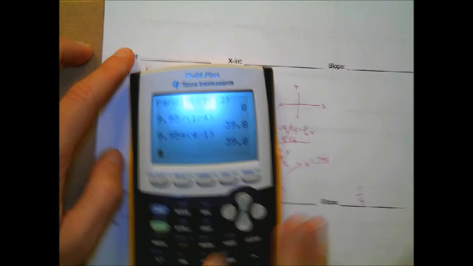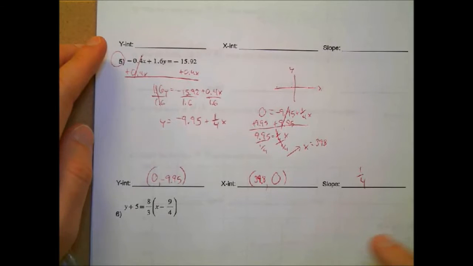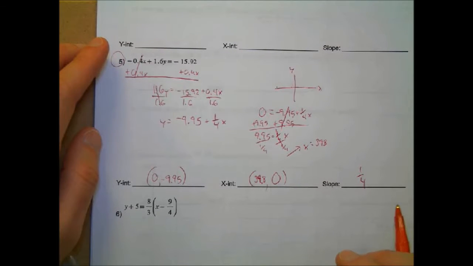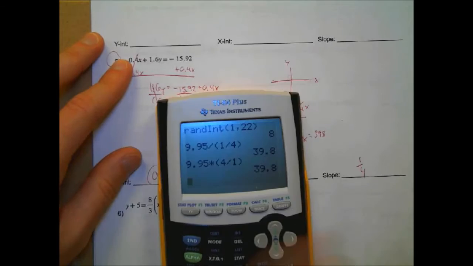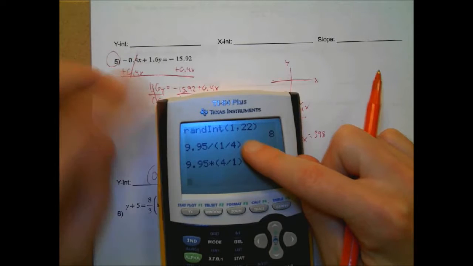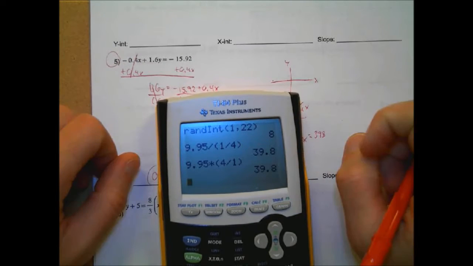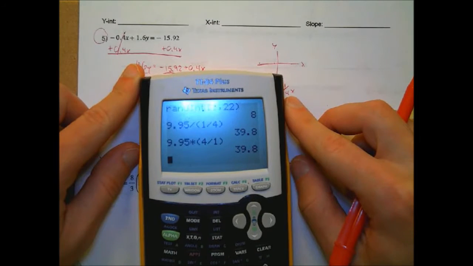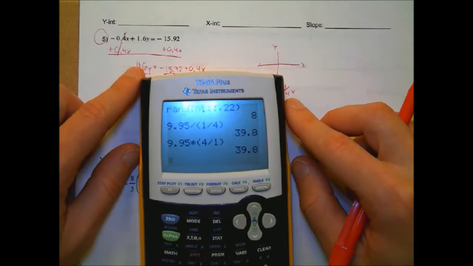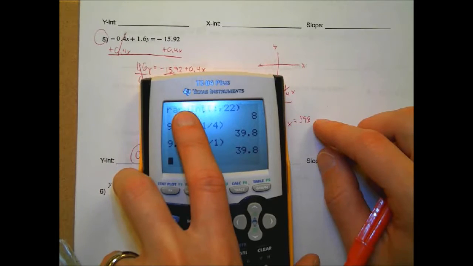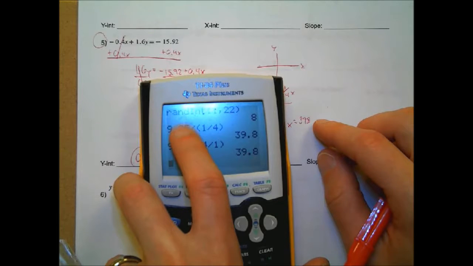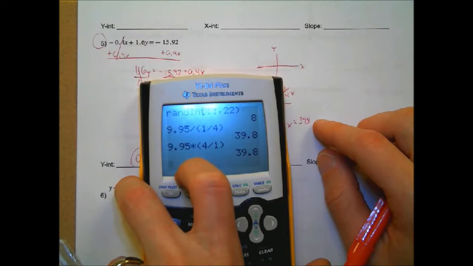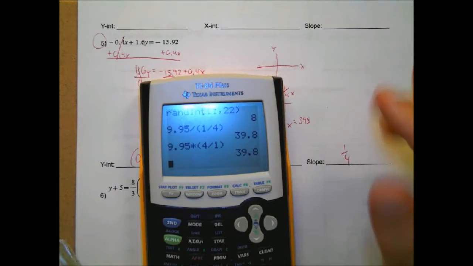I got 39.875. Did you do 9.95 divided by 1/4? No, I did 9.95 times 4? I just divided it by 0.25? I divided by 4.